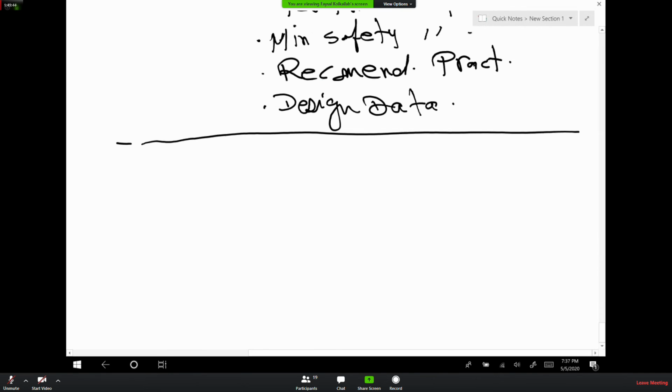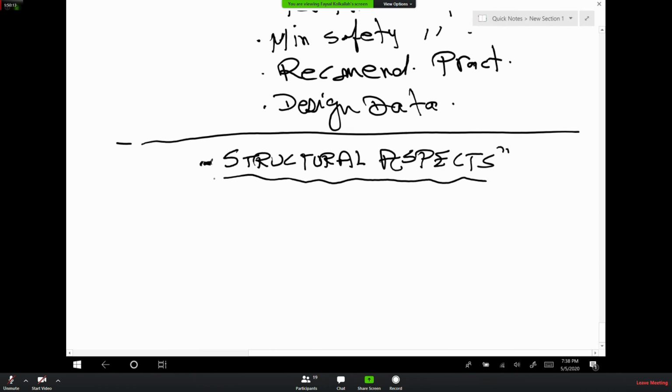And what will get us closer to our subject? We're still talking about airworthiness, but the subtitle I need to discuss with you is really the structural aspects of airworthiness. What are the structural aspects?